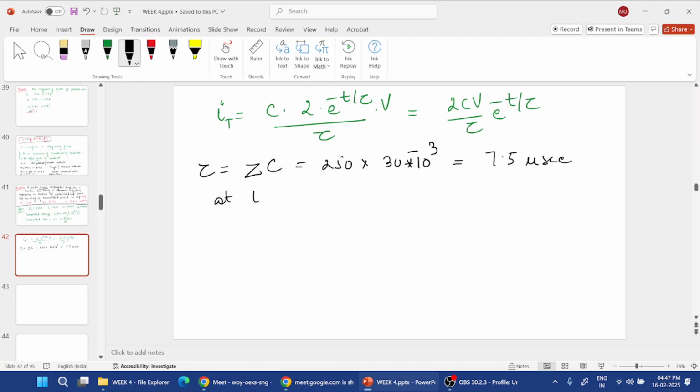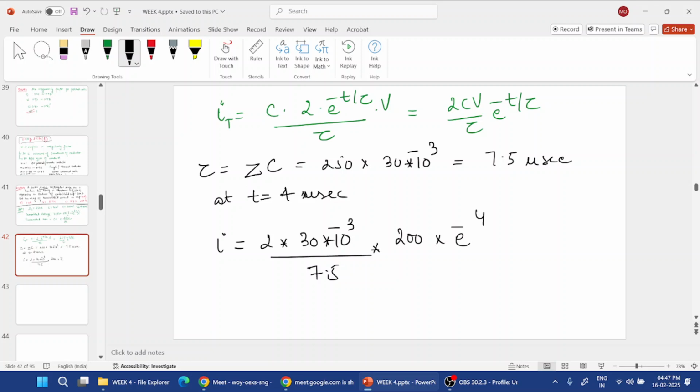At t equal to 4 microseconds, i(t) is equal to 2 into 30 into 10 raised to the power minus 3 divided by tau, which is 7.5 microseconds, into V, which is 200 kV, into e to the power minus 4 by 7.5.